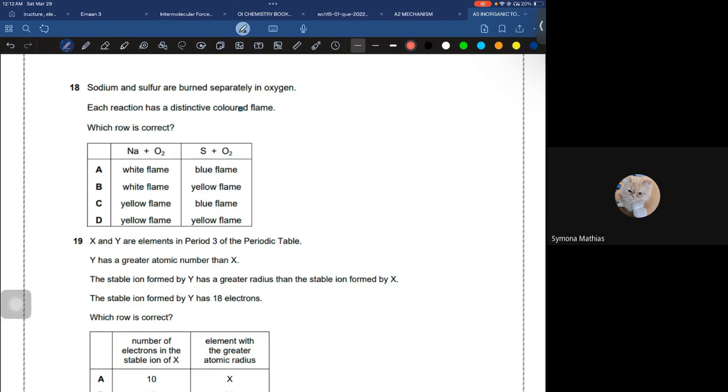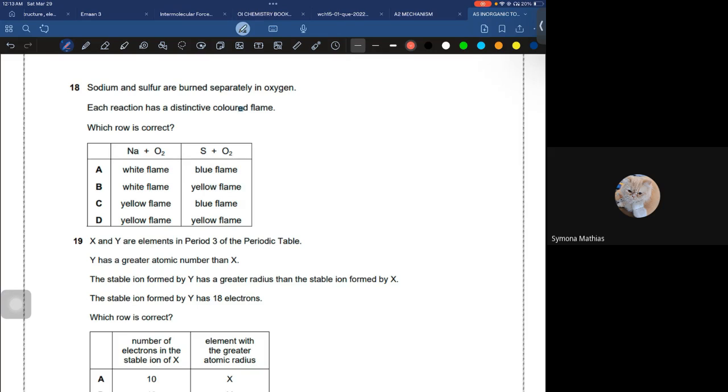Question 18. Sodium and sulfur are burned separately in oxygen. Each reaction has a distinctive colored flame. Which row is correct?